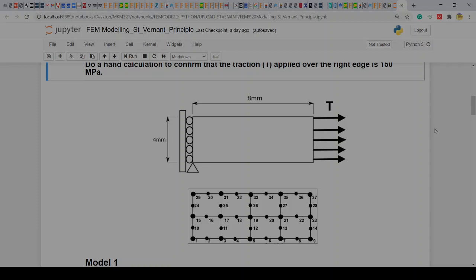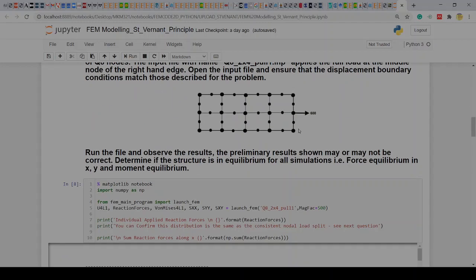The sum of force in the x direction and the sum of force in the y direction must all be statically equivalent. So that's a statically equivalent load. There's no additional reduced moment. The force applied in the x direction is still 600 and in the y direction is still 0. That's one model that we can have.